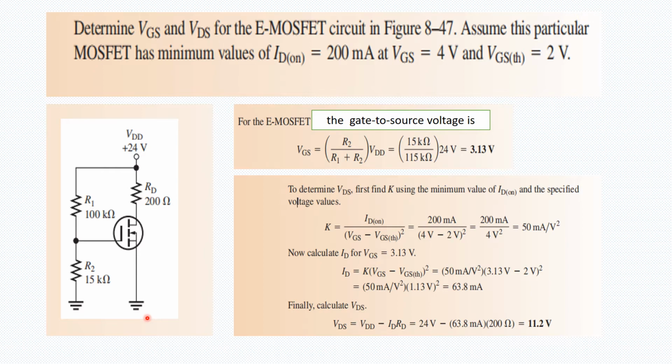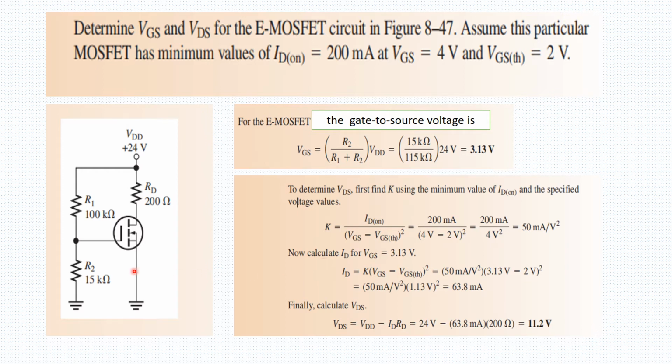Coming back to the circuit, you calculate the value of VGS by taking this relation and substituting the respective component values and the DC source value. It comes out to be 3.13 volts. Later you find the proportionality constant from Shockley's relation, ID equals K times (VGS minus VTH) whole square, and you get 50 milliamperes per volt square.